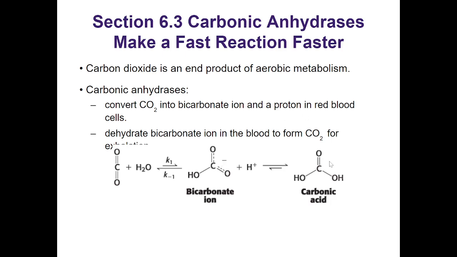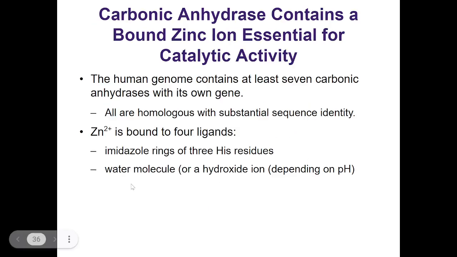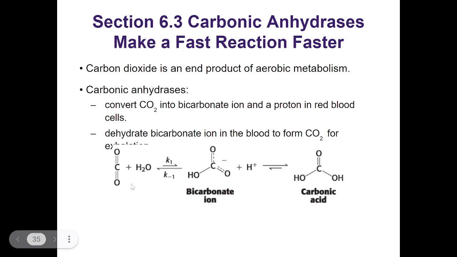Bicarbonate carbonic acid is the major buffer system in our blood. And that's why we have a pKa of 7.4. That's why pH is 7.4 for physiological systems. So then next, it's going to dehydrate the bicarbonate ion in the blood to form CO2. This will happen at the lungs. Again, an enzyme goes both directions, right?